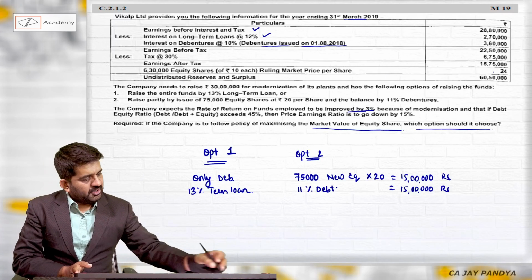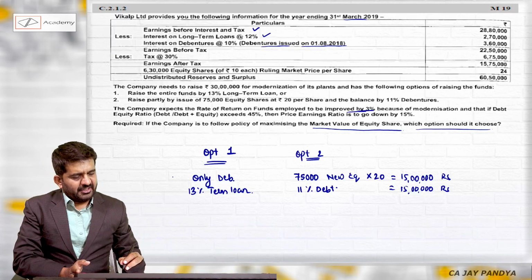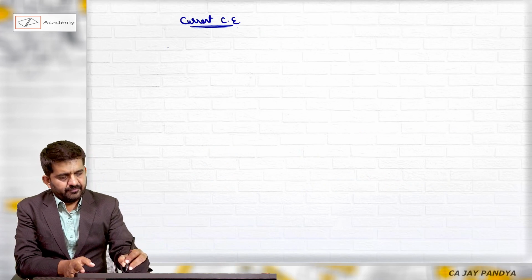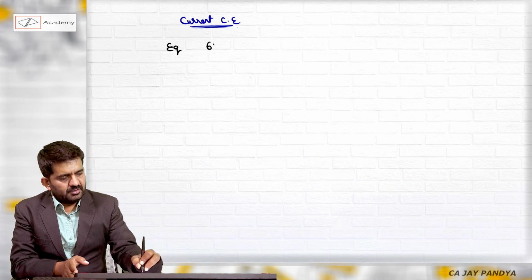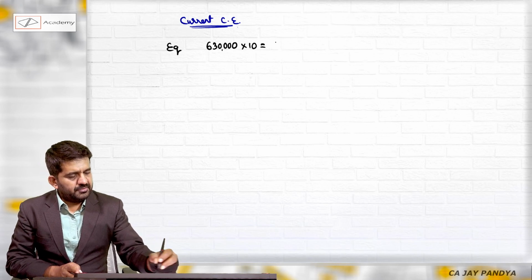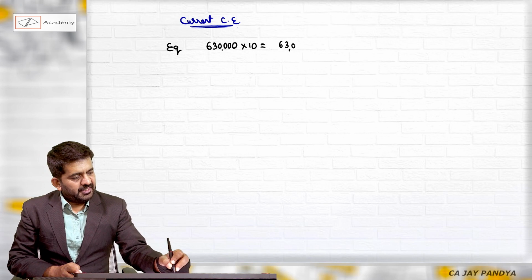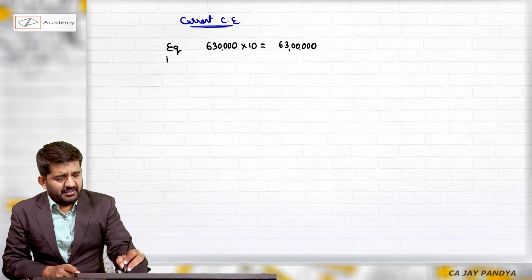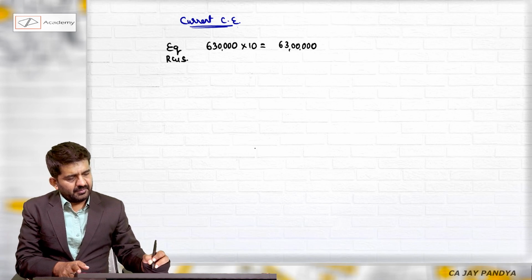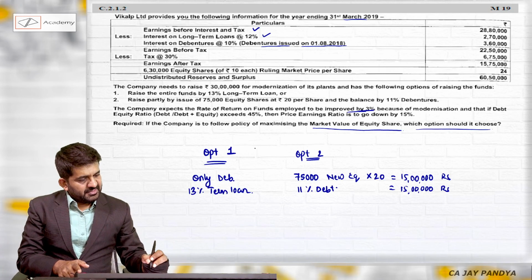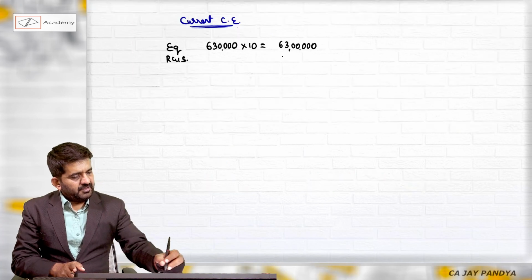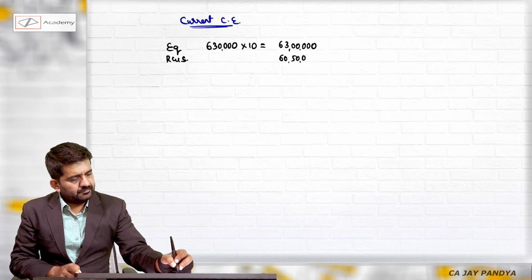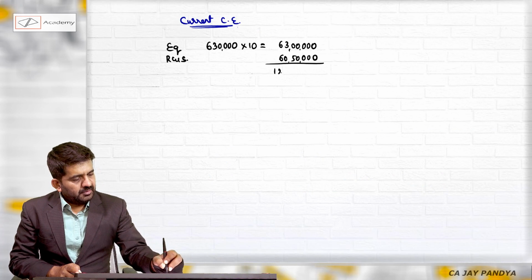Of course, there is equity of 6,30,000 equity shares of 10 each, which is 63 lakhs. Please understand, reserves and surplus are part of equity, which is 60,50,000. This is 123,50,000.